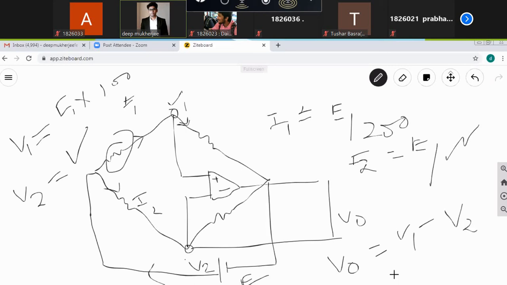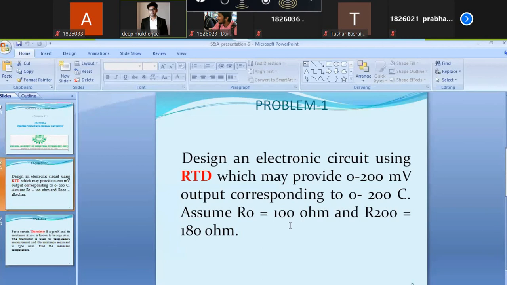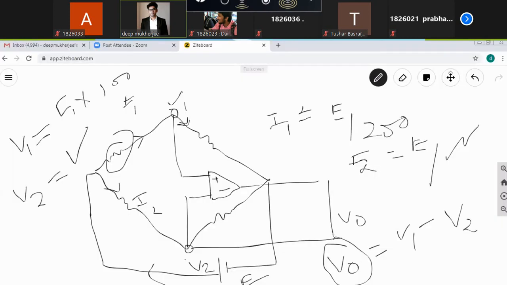The output voltage V0 is given as 200 millivolt, which converts to 0.2 volt.